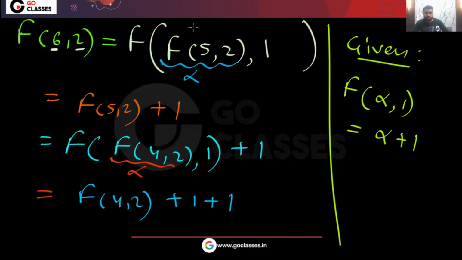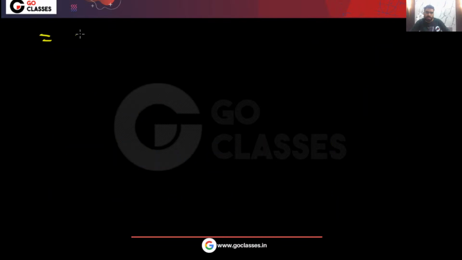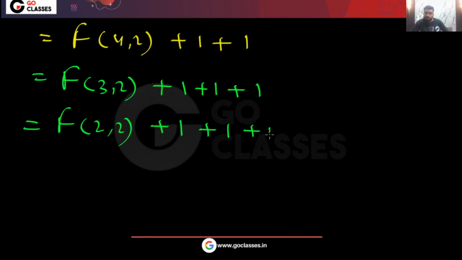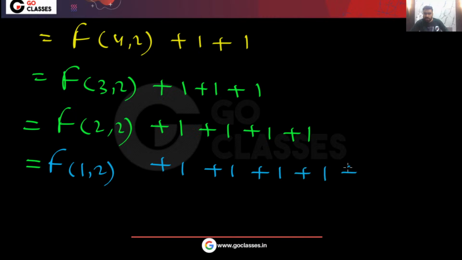Basically, you are starting from f(6,2), going to f(5,2), then f(4,2), and so on. If you continue, you will get f(3,2) plus 1 plus 1 plus 1, then f(2,2) plus 1 plus 1 plus 1 plus 1, and finally f(1,2) plus 1 plus 1 plus 1 plus 1 plus 1.